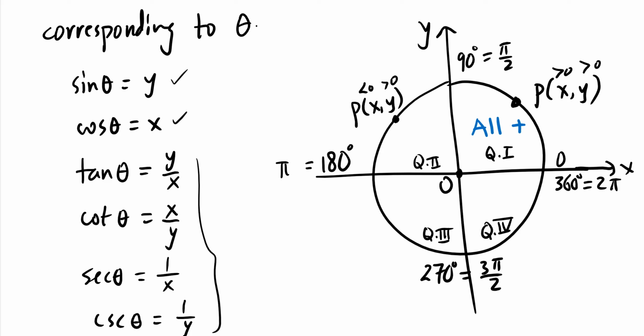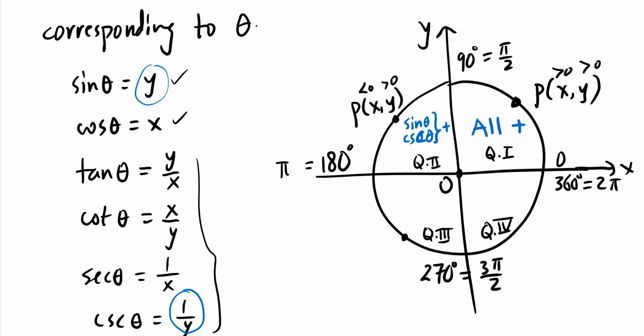Sine is positive. Which one also has to deal only with y? 1 over y, which is cosecant. So these two functions are positive in the second quadrant, and the rest are negative.